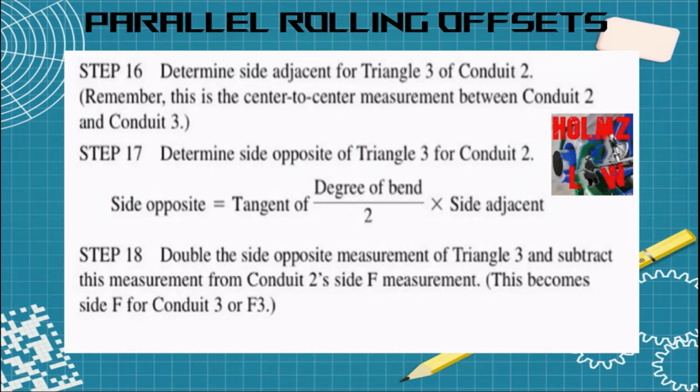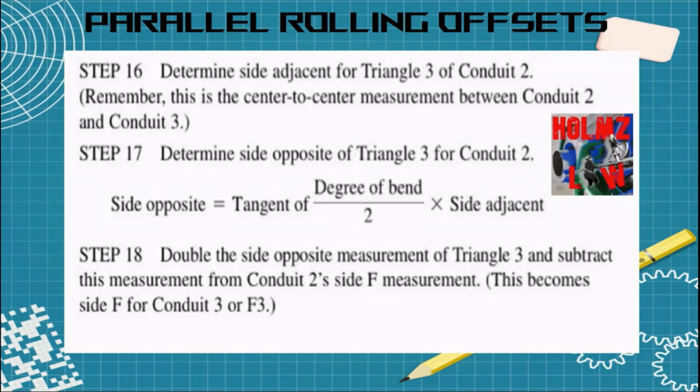So the side opposite equals the tangent of half the degree of bend times the side adjacent, which is just the spacing in between bends. Same thing that we did a few steps back. Right after that, like we did before, we're going to double the side opposite measurement of triangle 3 and subtract that from conduit 2's F measurement.